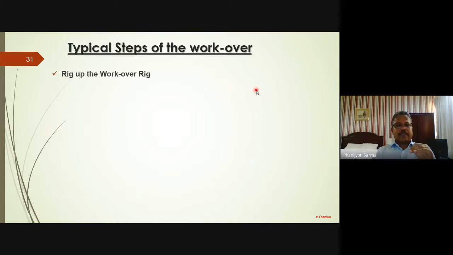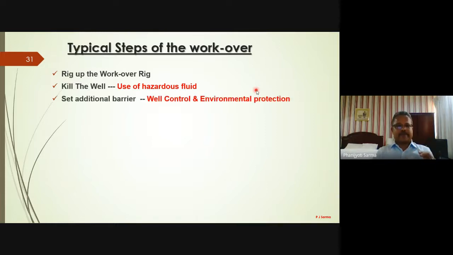The typical steps in the workover is first to rig up the workover rig. Then the immediate step would be to kill the well. And how do you kill the well? We put an overburden of brine or heavyweight fluid, which is heavier than the formation fluids, and it is decided in such a way that the vertical head of the column is higher and it overbalances the reservoir pressure.